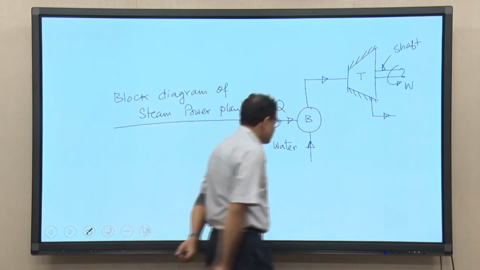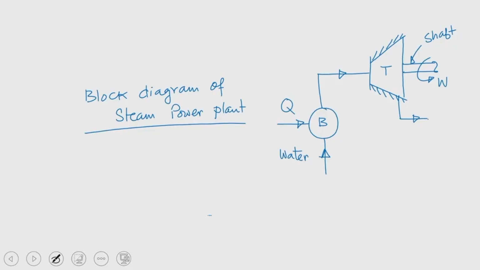So there must be another device or reservoir in which heat must be rejected. This is known as the condenser, in which heat is rejected.